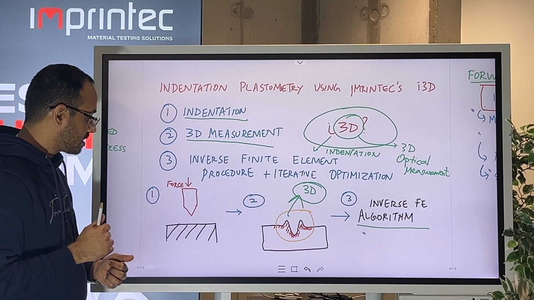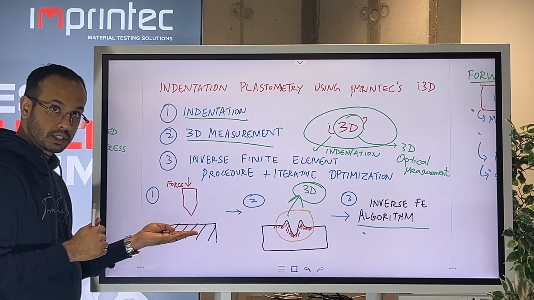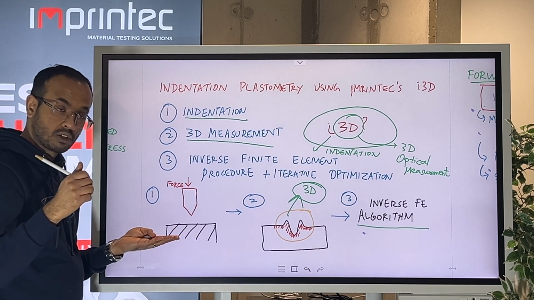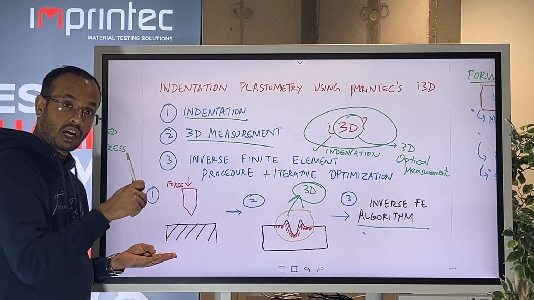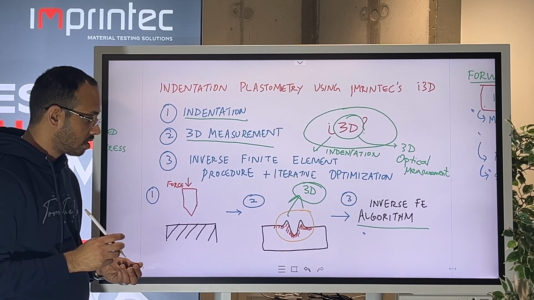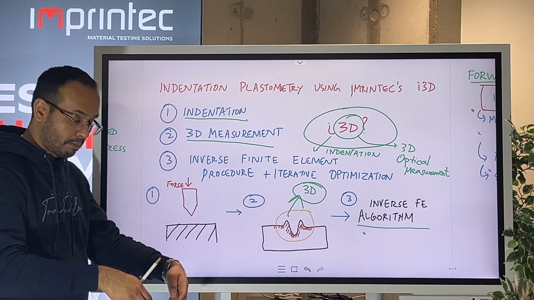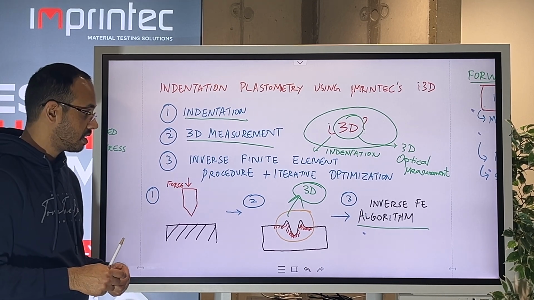The first step is indentation. We have a metallic specimen below, very similar to hardness testing. You have a sharp indenter, and you bring it down with a certain force. That creates a plastic deformation on the material.